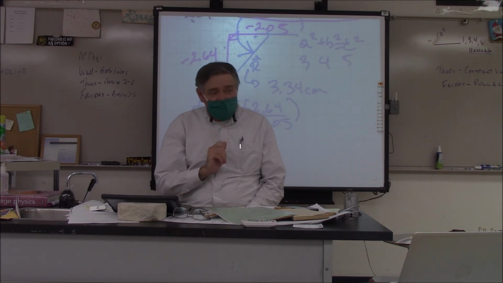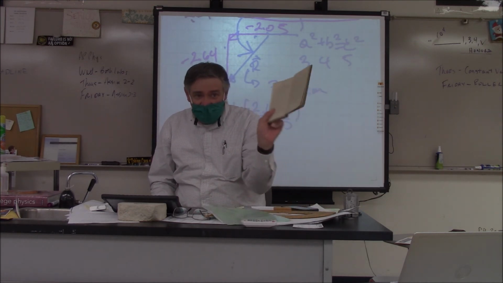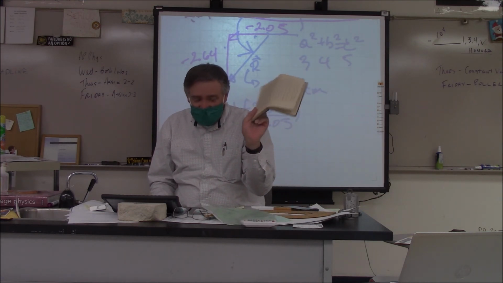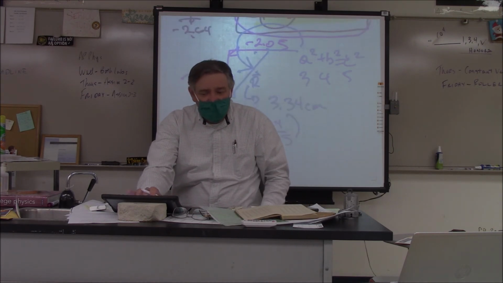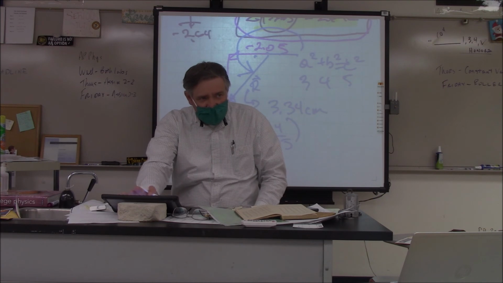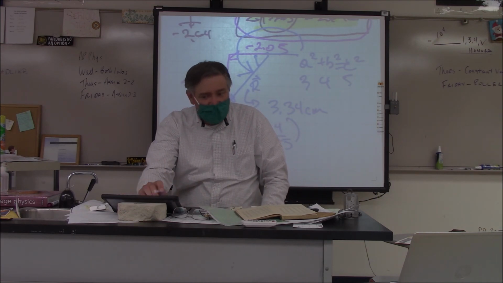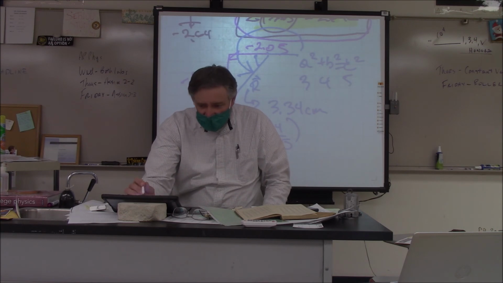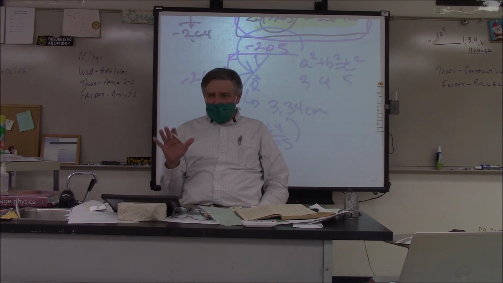So this is what I would do, because I'm old, and I learned how to do this out of a book process. If I were you, I wouldn't even worry about any negative signs when I do inverse tangent. All I would do is find this angle. I would just punch in the 2.64 and the 2.05. I would just find the angle.